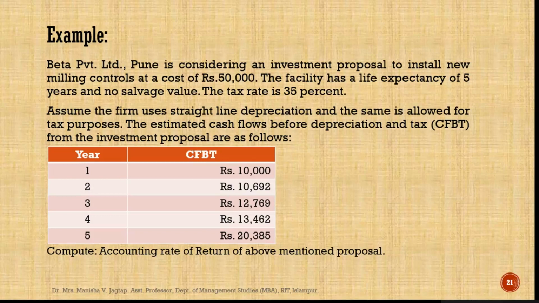Then life of the asset 5 years, tax rate 35%, and the method used for calculating depreciation is the straight line method. Now, on the basis of this information, we will see how to calculate accounting rate of return. So let us see the solution.